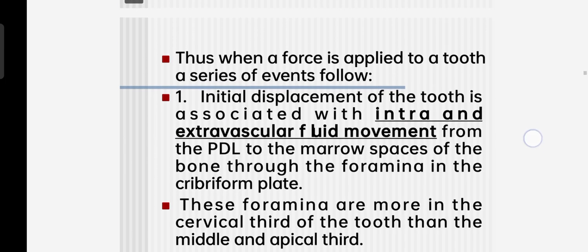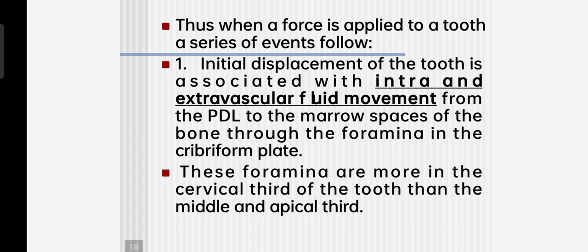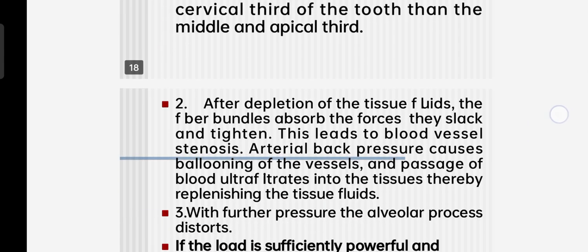Thus, when a force is applied to the tooth, a series of events follows. Initial displacement of tooth is associated with intra and extravascular fluid movement from the PDL to the marrow space of the bone through the foramina in the cribriform plate. These foramina are more in the cervical third of the tooth than the middle and the apical third.